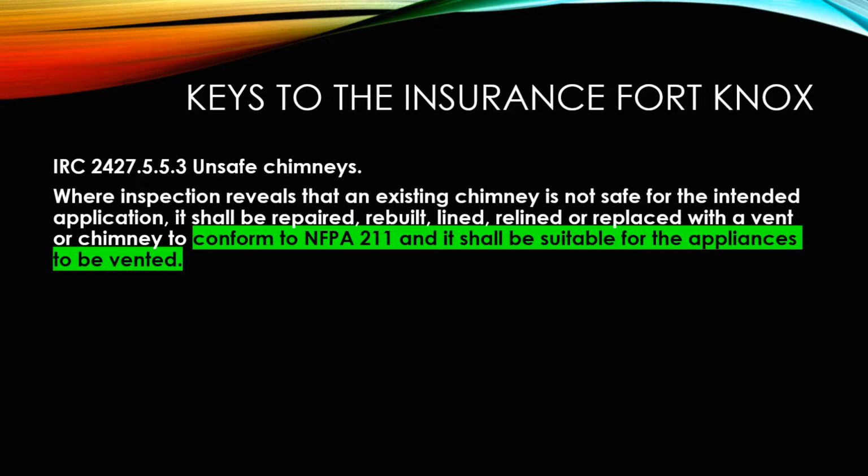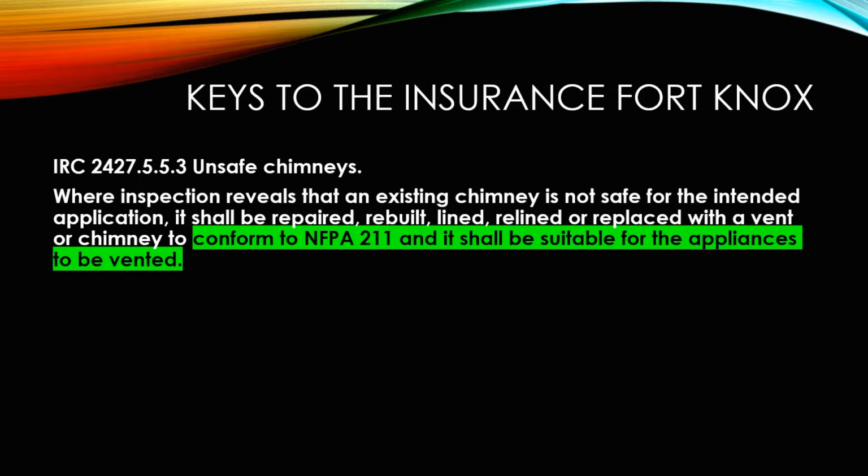I have been getting insurance companies to pay for additional things such as an orphaned water heater. You know what I mean by an orphaned water heater? Previously there were multiple gas appliances vented into the same flue, and they went with a high efficiency furnace, and now that high efficiency furnace no longer vents into the chimney, but the water heater is still there.